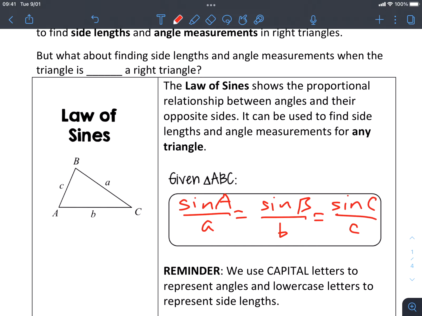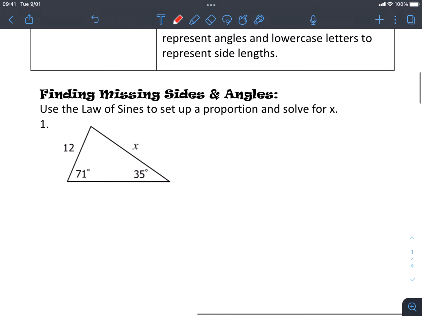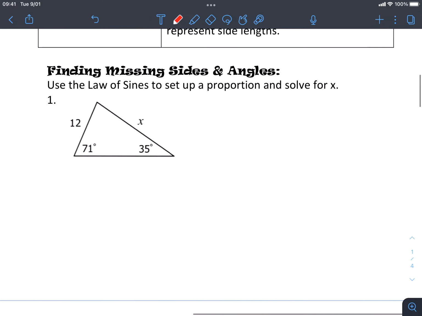What we'll do is we'll do a few problems that look at this relationship. So either we're going to be looking for angles or looking for side lengths in these problems. In our first example, we have a triangle where we have two of the angles and one of the corresponding sides, and we need to find the other corresponding side. So we can label our triangle with A's, B's, and C's.